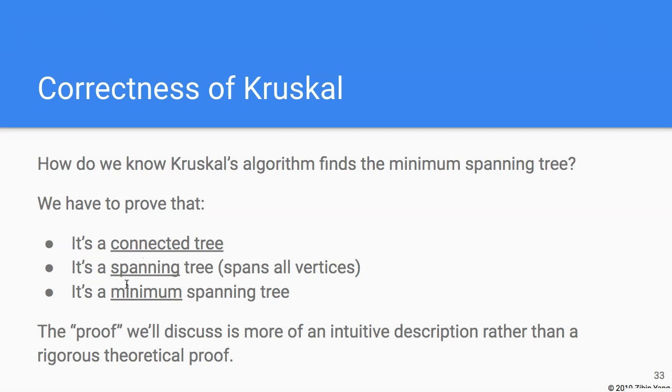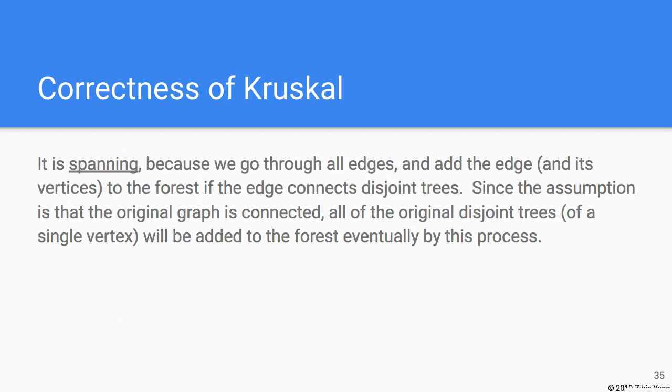So the next thing we want to prove is that this tree is a spanning tree, that it spans all vertices. And the reason for that is that we loop through all the edges in the order of increasing weight, or non-decreasing weight. And so we add the edge to the forest if the edge connects disjoint trees, right? And remember, we apply this algorithm to a graph that is itself connected.